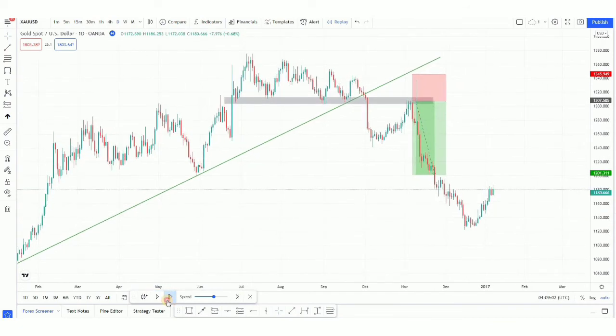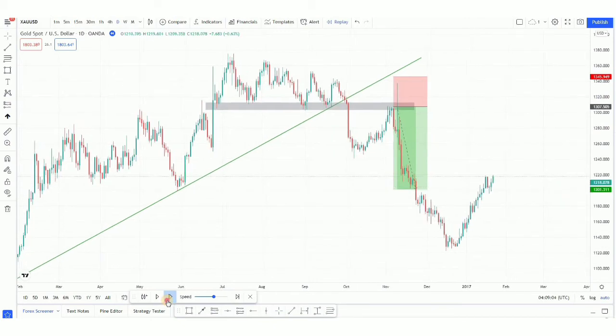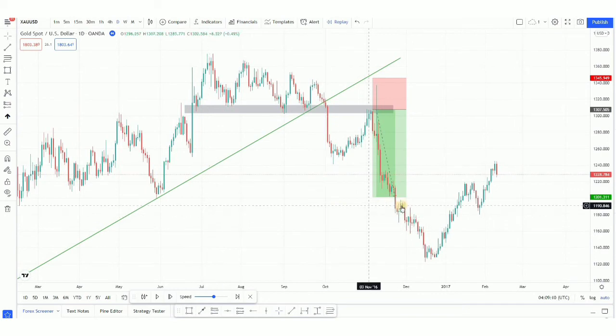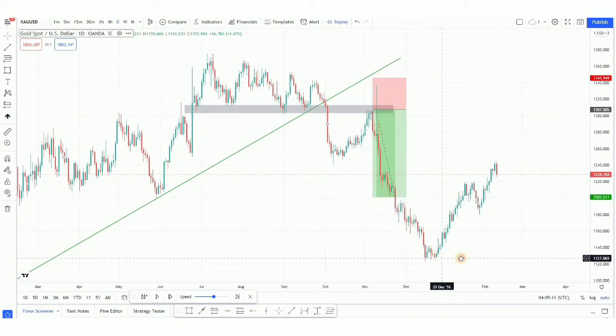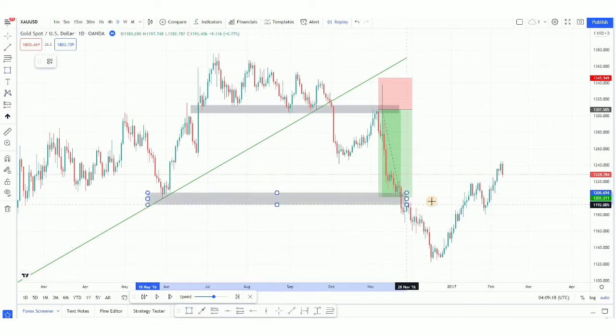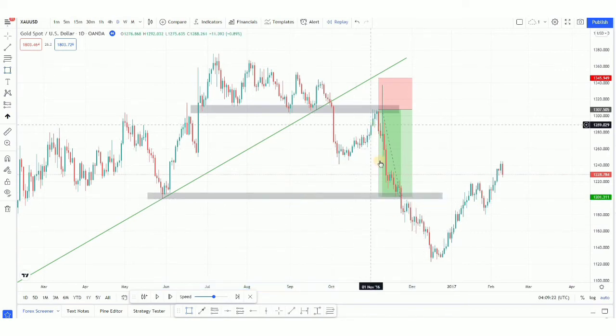So if you would have held this position, you would have realized that the market continued to drop down to this position before reversing again. But we don't want to be greedy. We took our profit here, placed our stop loss here above the previous high, took the profit here. Very simple. No need to be greedy about it and do all sorts of things, right?